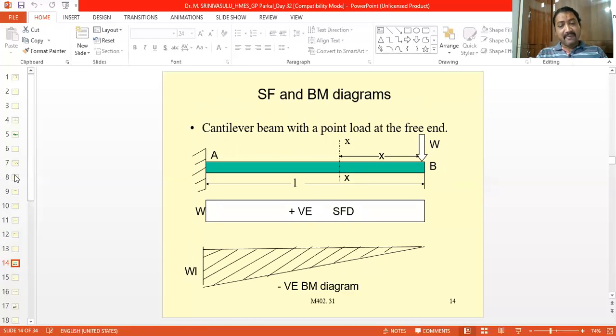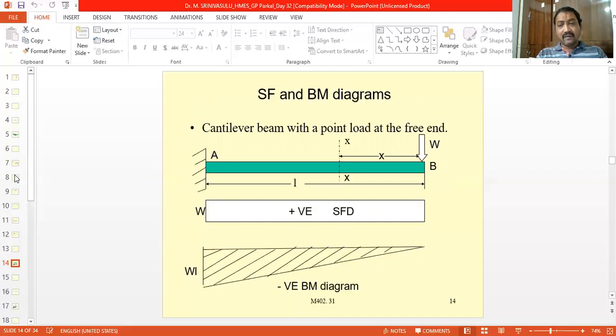So it is a cantilever beam. AB is a cantilever beam where A is the fixed end and B is the free end. Here in the given problem, a point load of W newtons is acting at the free end B. So this is the cantilever beam with a point load at the free end.